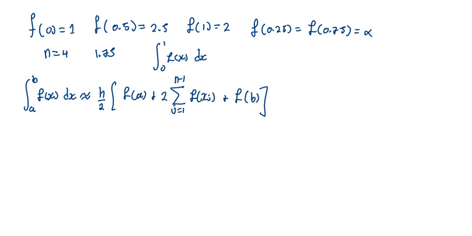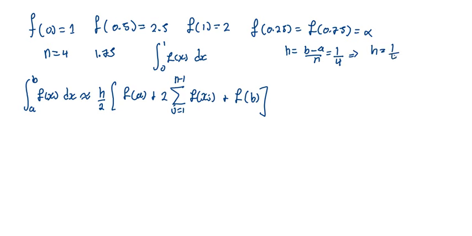Looking at this formula, we already have our value of n, and we can find our value of h from it. h is equal to b minus a divided by n. Our b is 1, our a is 0, and our n is 4, so h is equal to 1 over 4.